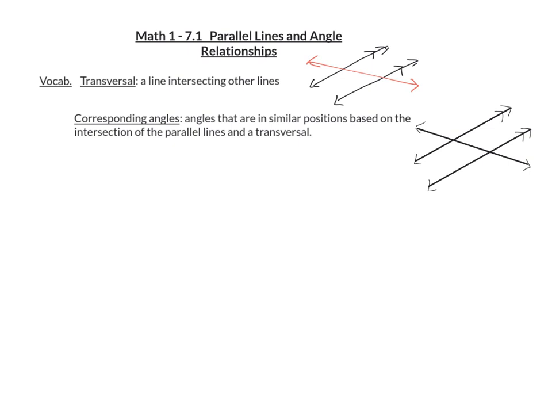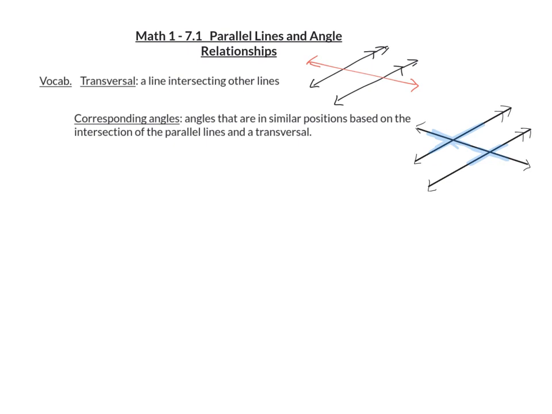So we have the parallel line and the transversal crossing. That would be one intersection. And then down here is the second intersection. So the way I think of corresponding angles, it's going to be the angles that are in the same position.